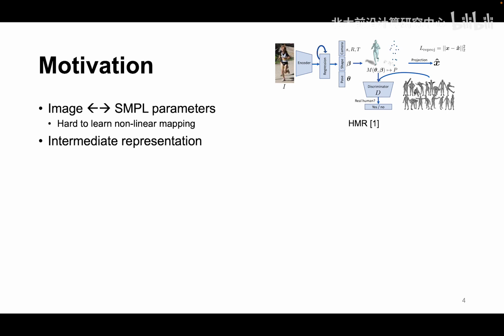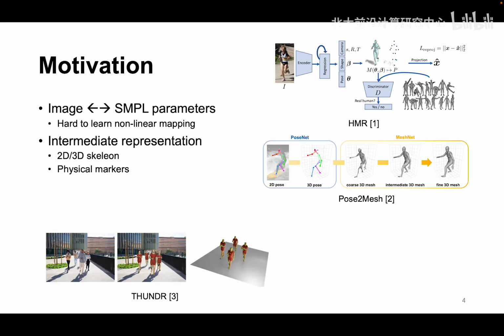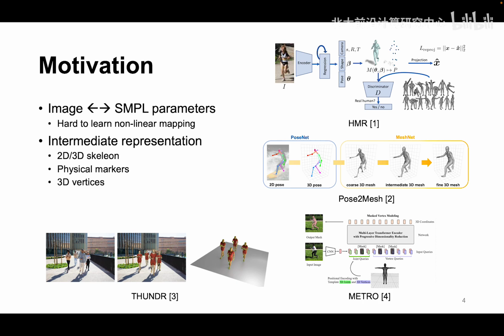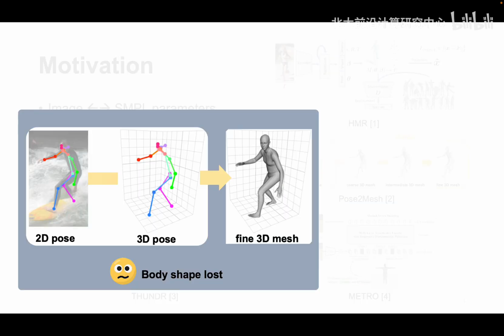For example, intermediate representations of body skeletons, physical markers, downsampled vertices, body part segmentation masks, IUV images, and so on, have been proposed. However, accurate body shapes are difficult to recover from the oversimplified 3D skeletons.